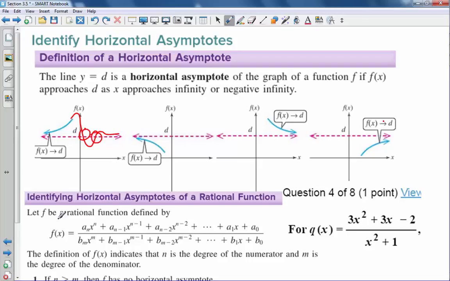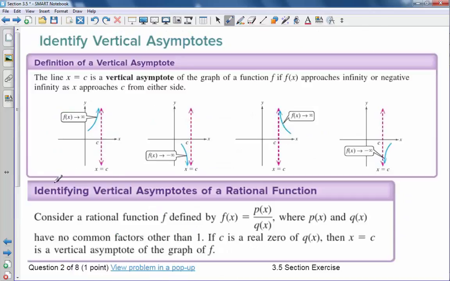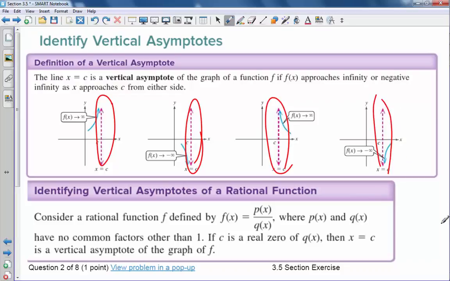For horizontal asymptotes, crossing in the mid part is okay. They may cross. But vertical asymptotes, no. Vertical ones can never be crossed. These are always off limits. Never cross those in vertical. In horizontal, yeah, in the mid part, you may.